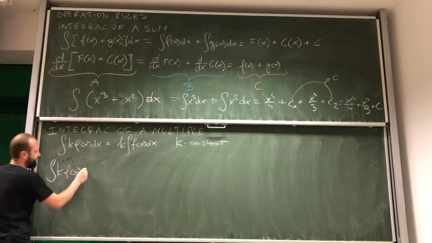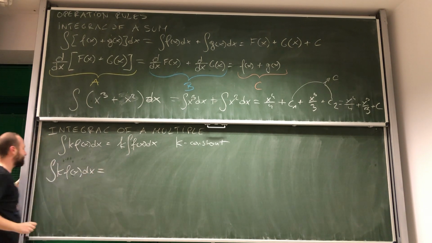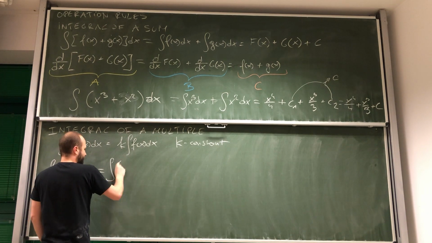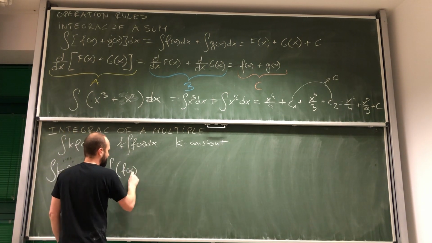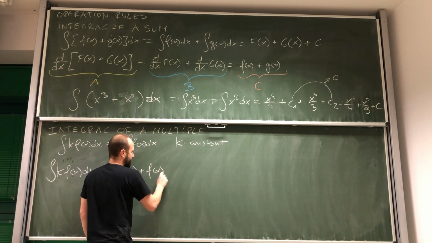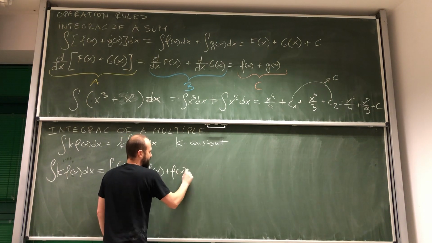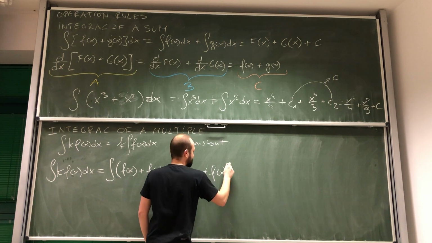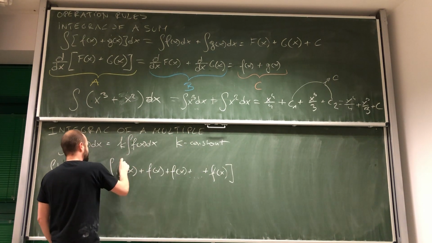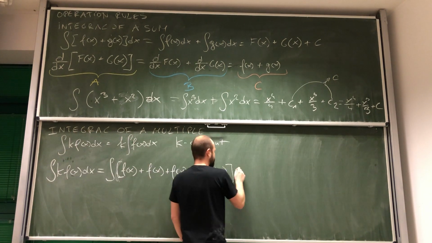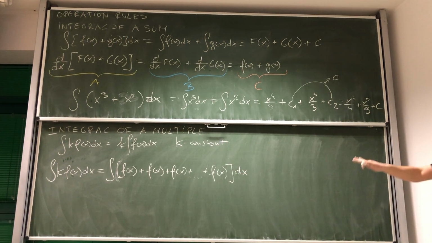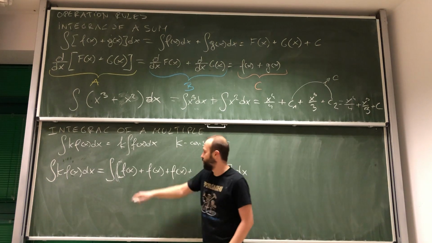f of x dx, this means that I have here the expression integral of f of x plus f of x plus f of x plus f of x, let's use brackets, dx. And now my question is, how many f of x's do I have over here?